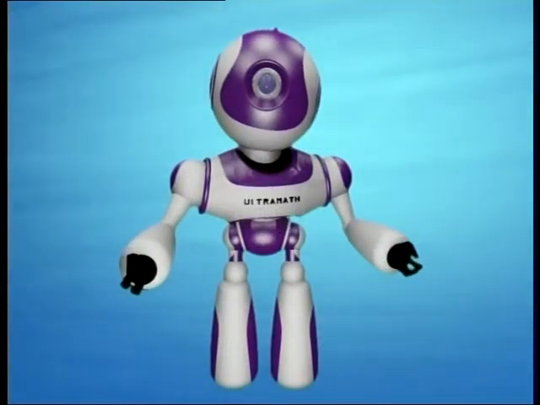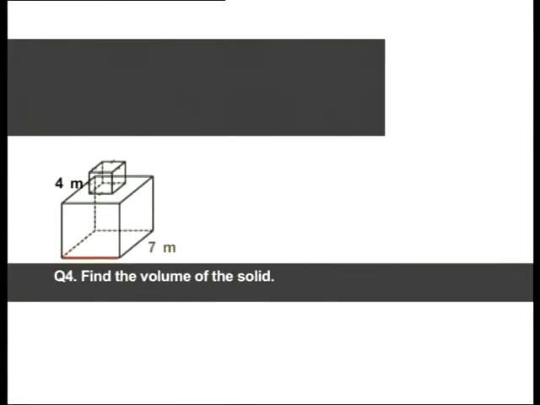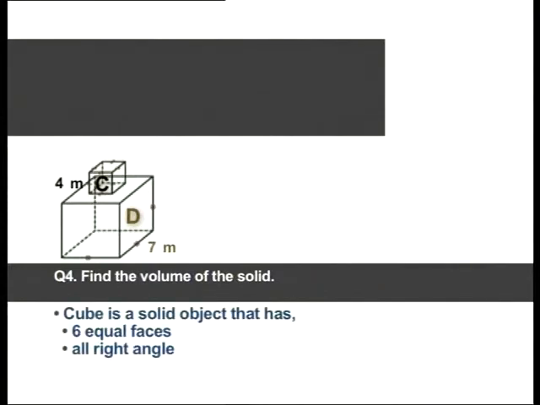Find the volume of the solid. Volume of a cube equals length multiplied by width multiplied by height. Simplify the three-dimensional shape. Name the top cube as C and the bottom cube as D. This should be easy as it has an equivalent sign. Just a reminder, a cube is a solid object that has 6 equal faces and all right angles.